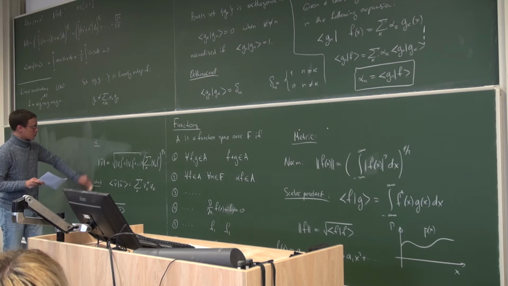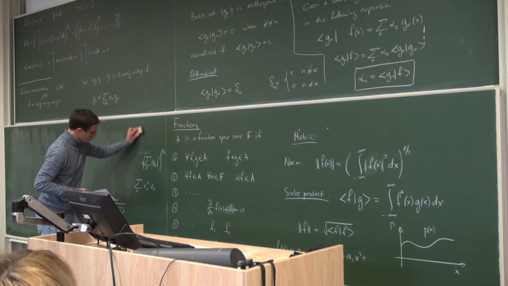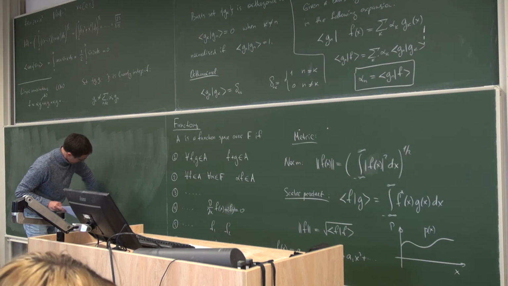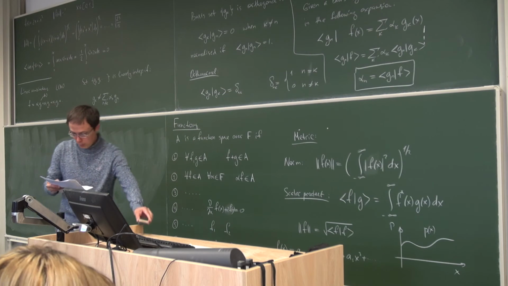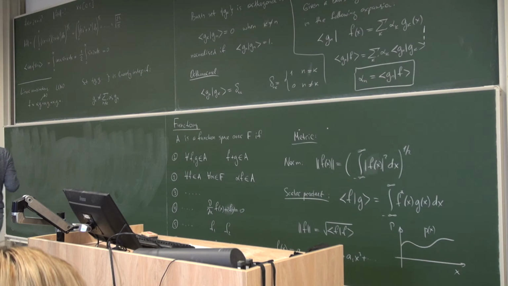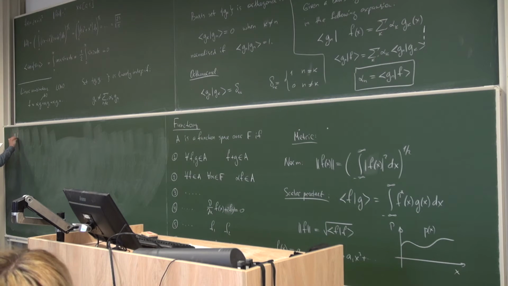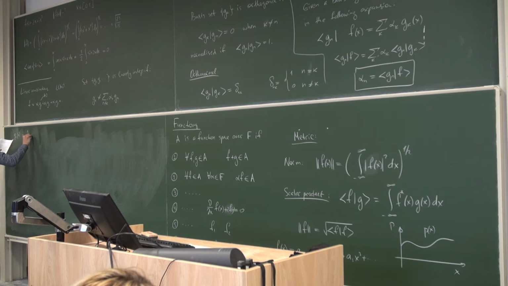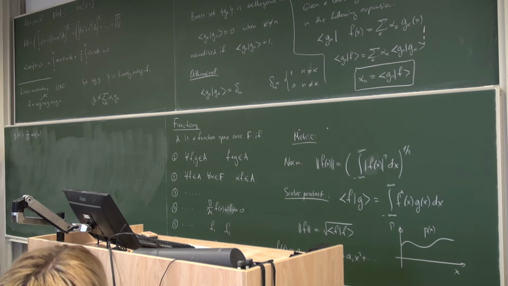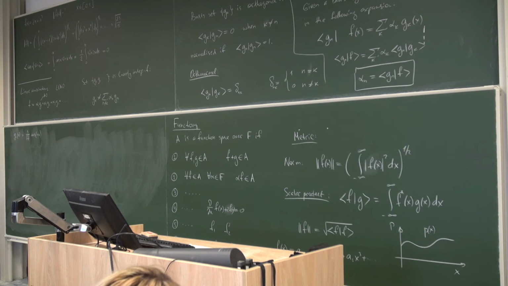So the system of functions that we will use is as follows. gn of x will be 1 over root pi, cosine nx. That is, g1 is cosine x, g2 is cosine 2x, g3 is cosine 3x, and so on.